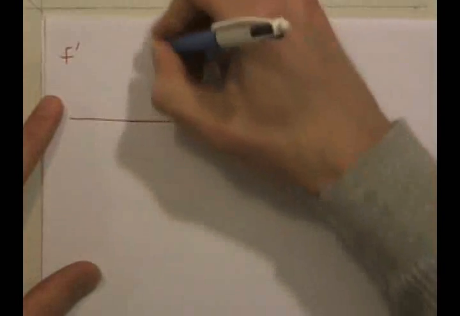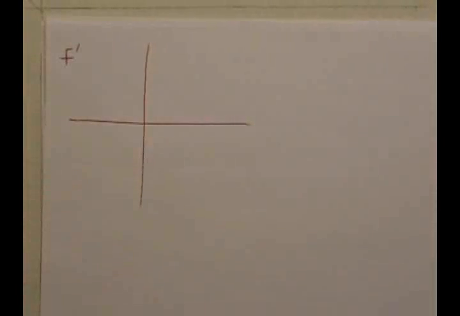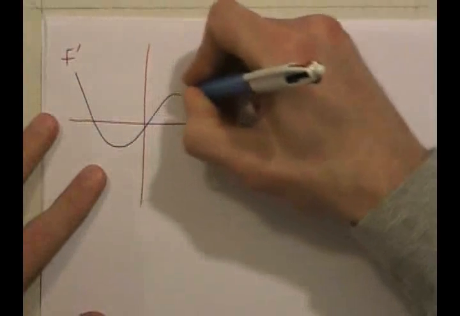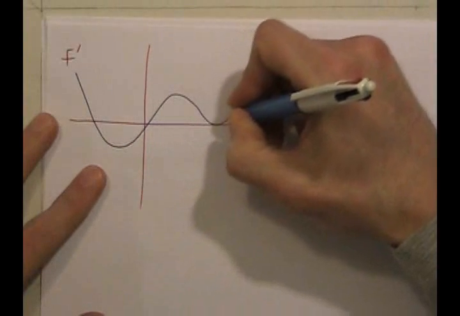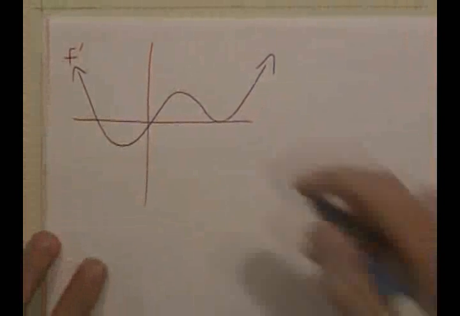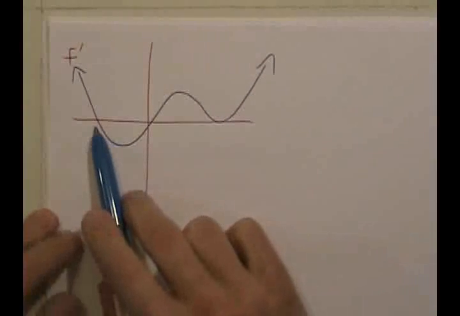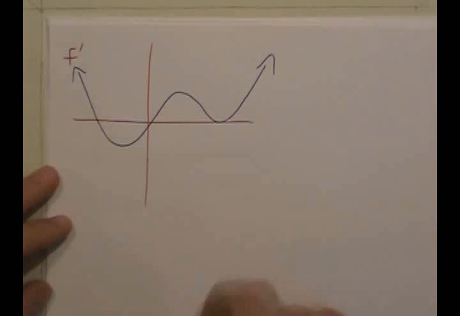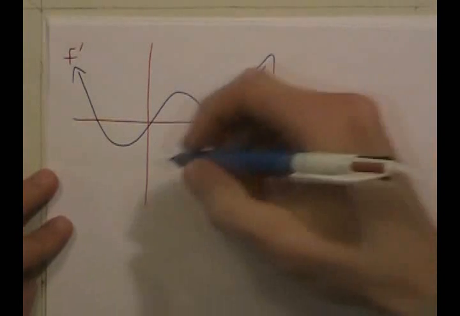If you're given a graph of f prime and you want to know the concavity of f, let's say it's shaped like this. All that matters is whether f prime is increasing or decreasing.